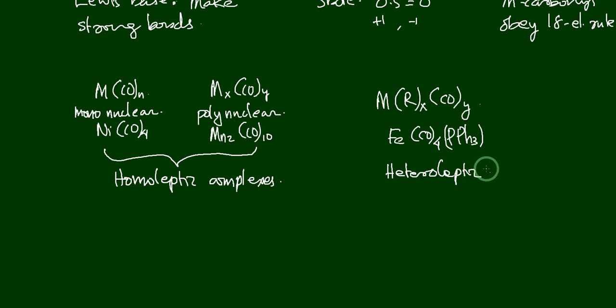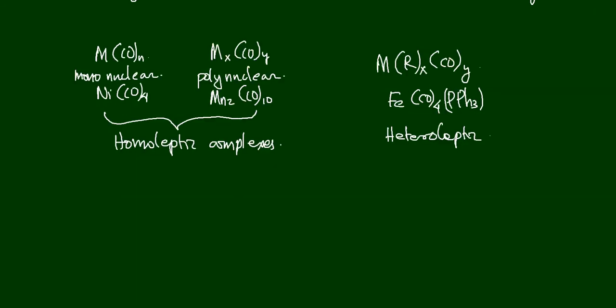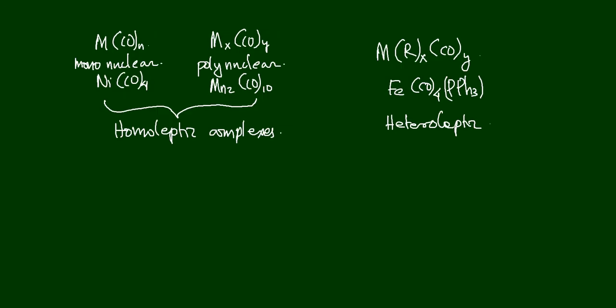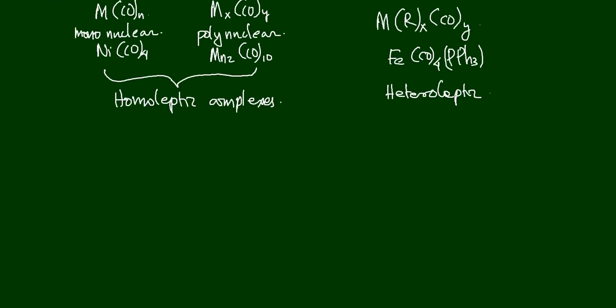So the carbonyls can be either homoleptic or heteroleptic, and here we have seen that the carbonyls can be mononuclear and polynuclear. Before proceeding, I will show you the periodic table of elements.